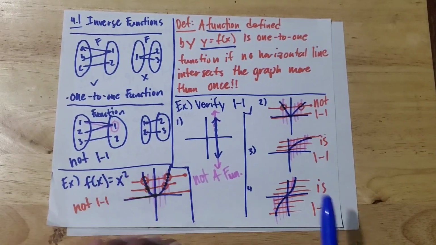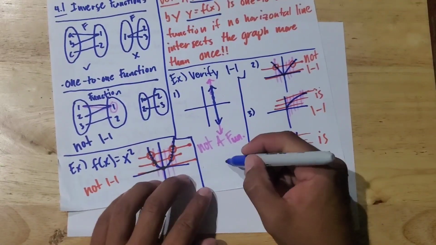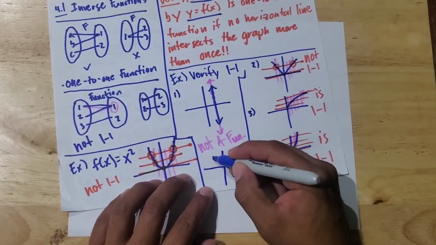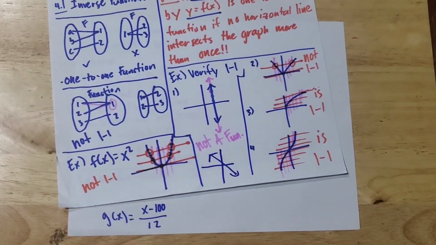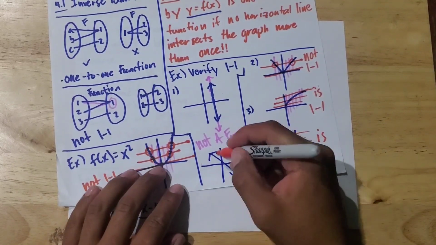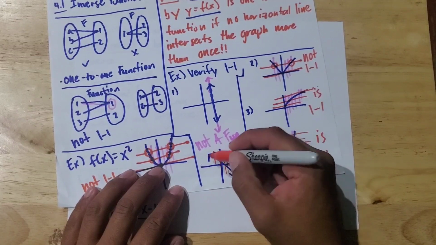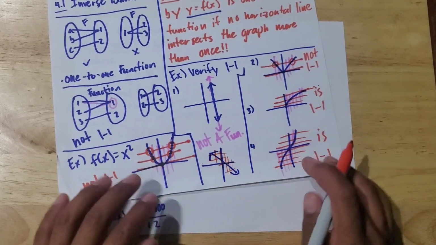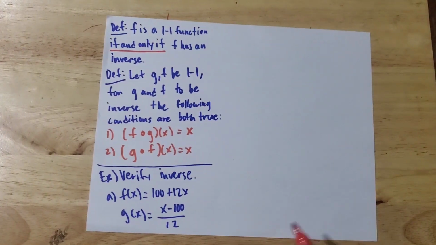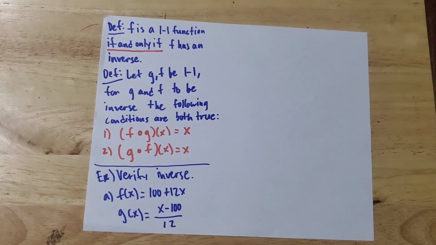But any other line, for example, any other line here, we already know is a function because it passes the vertical line test, and it'll pass the horizontal line test. So we know not only are they functions, but they are one-to-one functions. Since they're both linear, we know they're both going to be one-to-one functions.